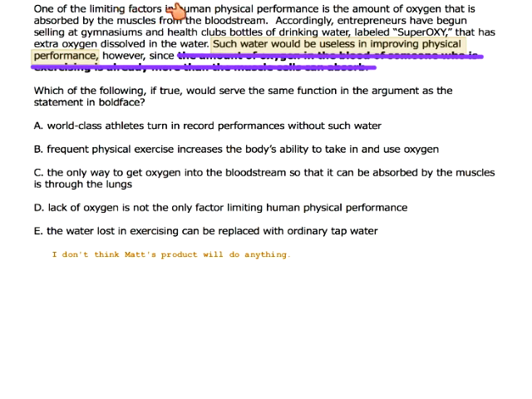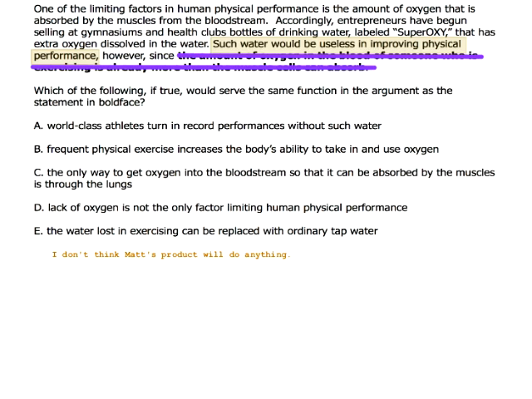So, okay, the amount of oxygen that your muscles can absorb is a limiting factor. This is a fact. So you can't say that that's not a limiting factor. And think about what limiting factor means. It means if you could improve it, then you would definitely improve your performance.